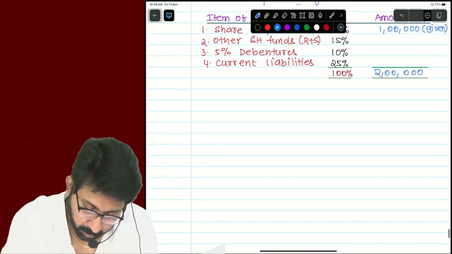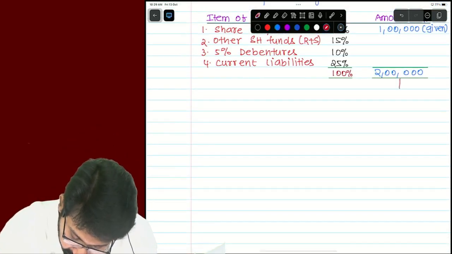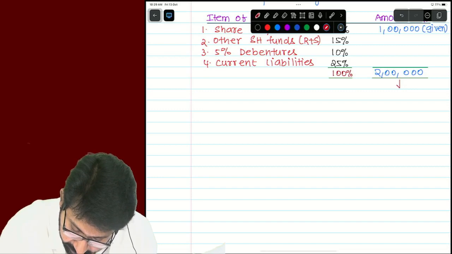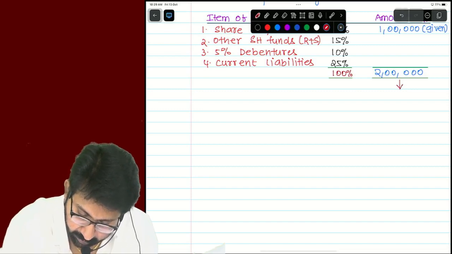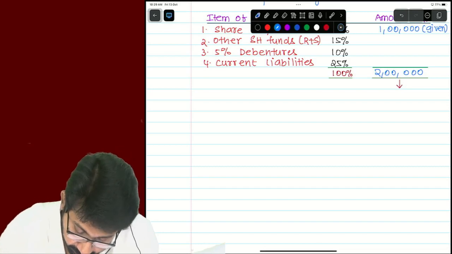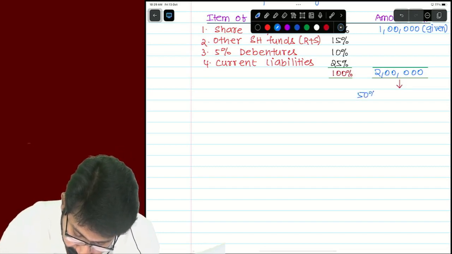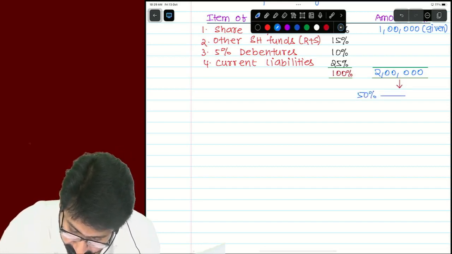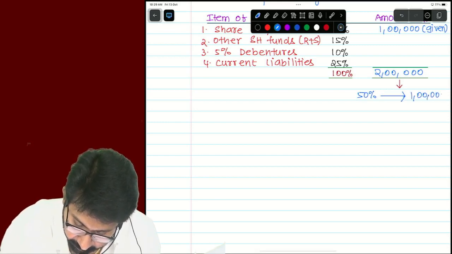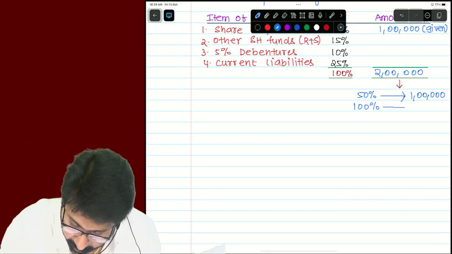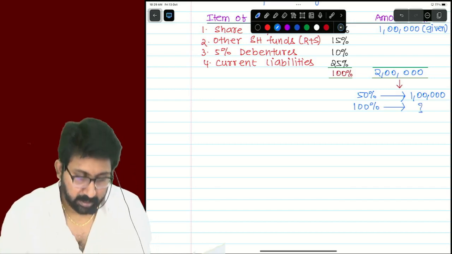Below 2 lakhs, just give a down arrow for understanding. 50% equals 1 lakh. Like that we calculated.